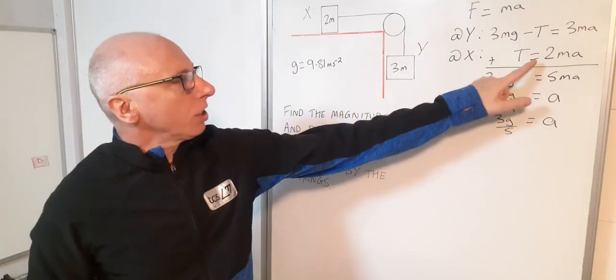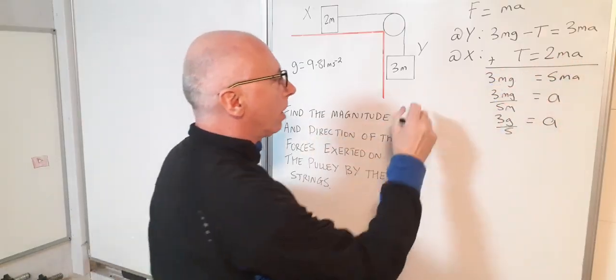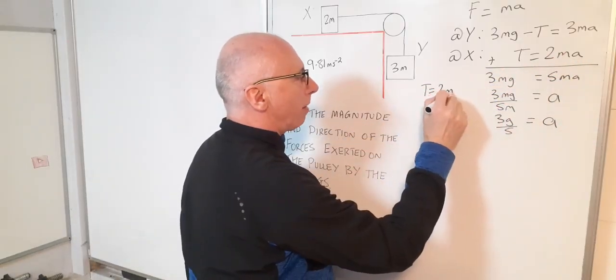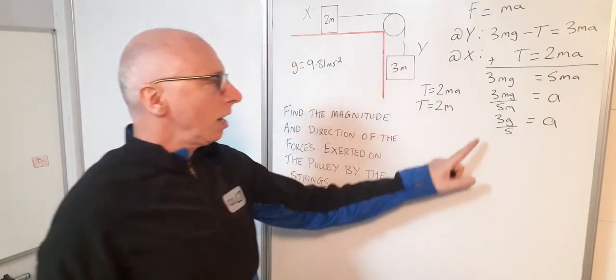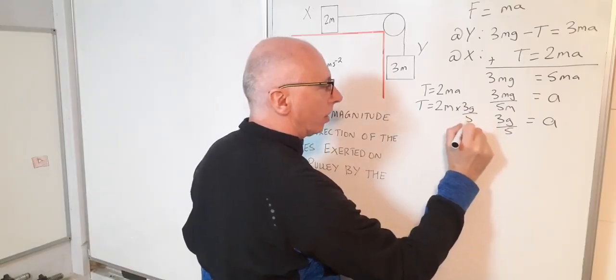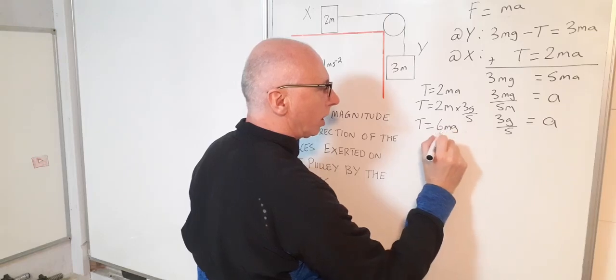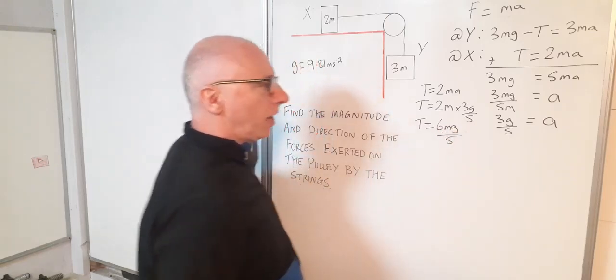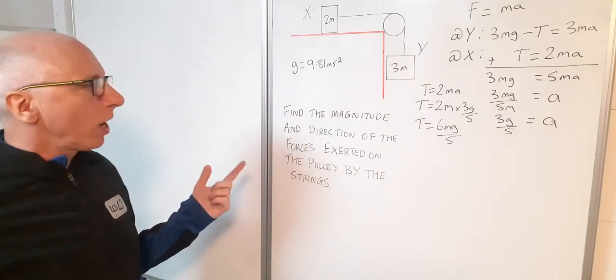Now I've got acceleration, I can plug it into here and get a value for my T. So using T equals 2ma, T would equal 2m times acceleration, which is 3g over 5. In which case T equals 6mg over 5.